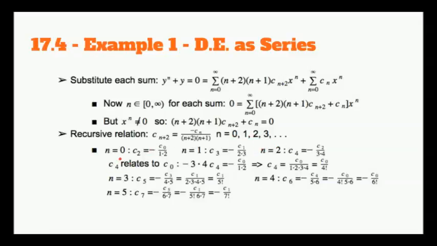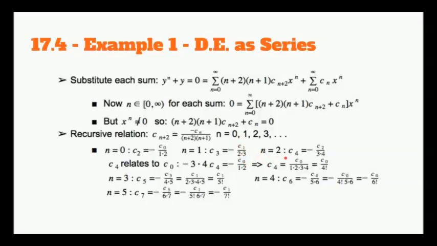Now n equal to 0, c2 equal to negative c0 over 2. When n equal to 1, c3 equal to negative c1 over 6.